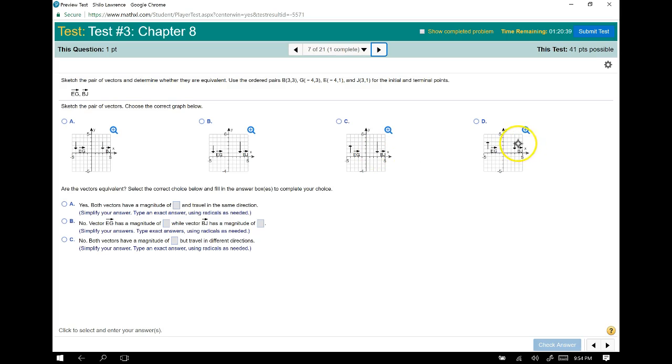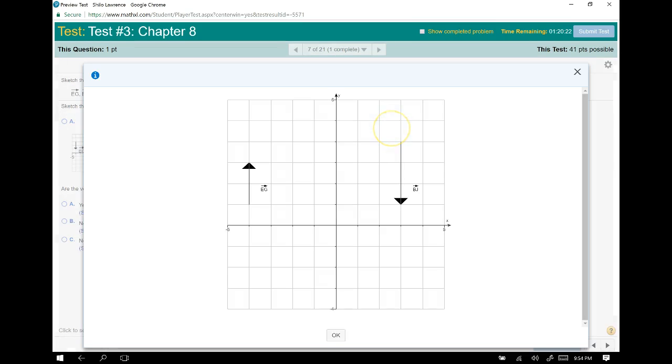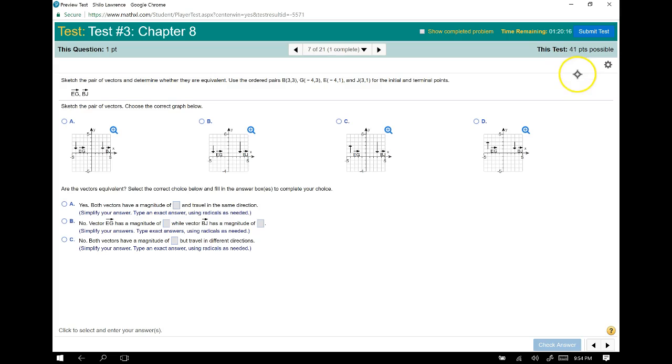So it's not that one, it's this one, 3, 3 to 3, 1. For some reason, they made that one unit longer by accident and had it start at 3, 4. And if you can't see it, you can make it bigger. So they have it starting all the way up here at 4. So that one's not right.